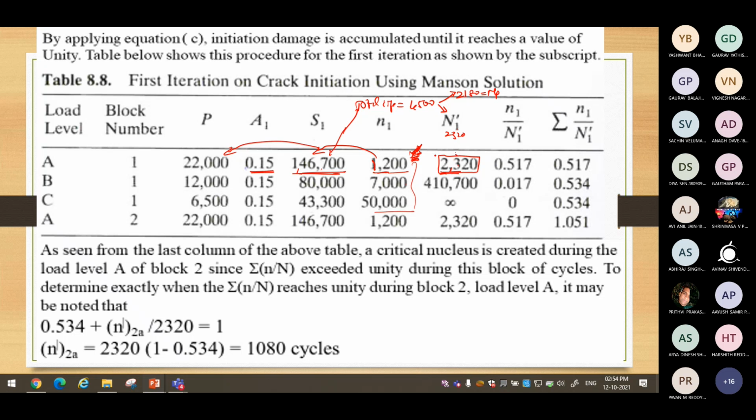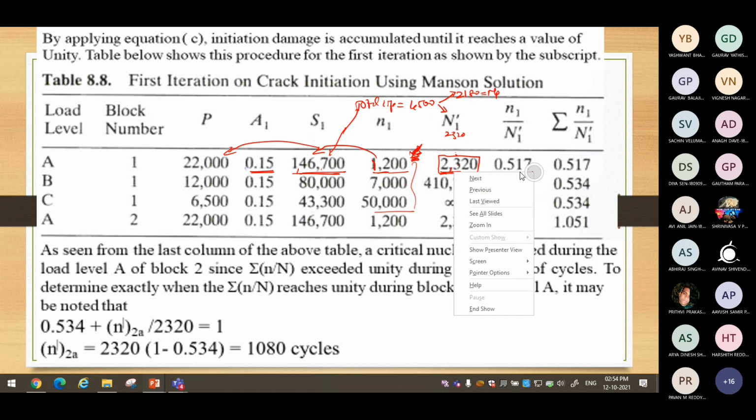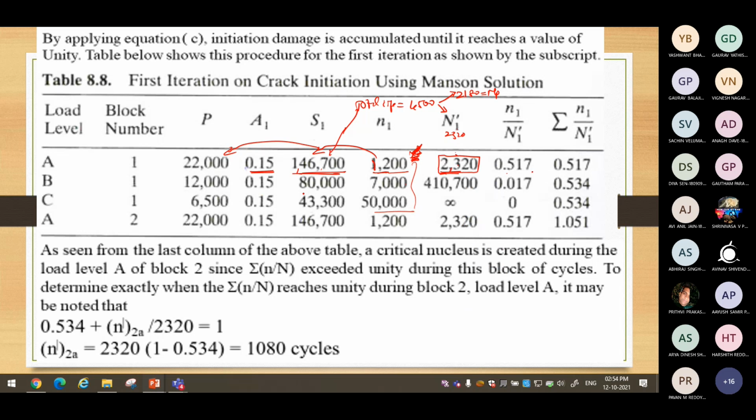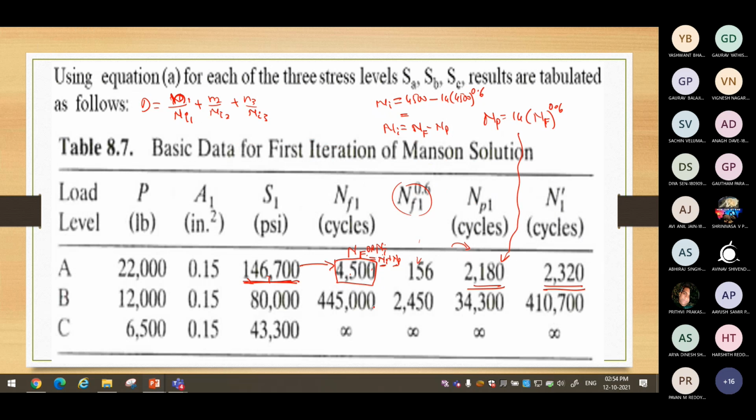Now take its ratio, initiation cycle to the applied cycle. We are going to get 0.517. Next, for the 80,000 KSI, we are applying only for 7,000 cycles. The total number of cycles for initiation is 4,10,700, whereas total life for that is how much? 4,45,500.